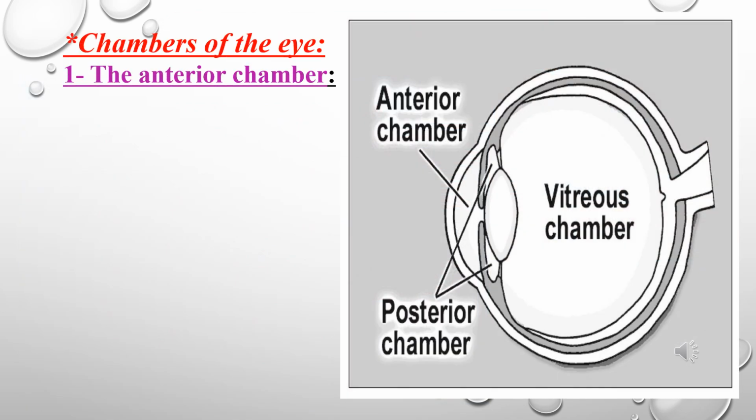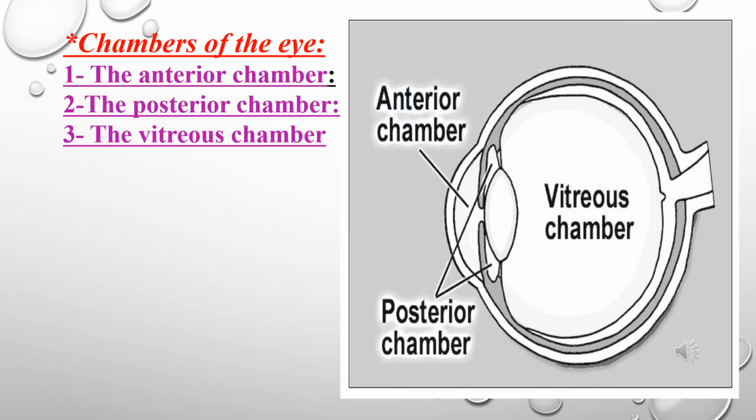What are the chambers of the eye? The eye has three chambers: the anterior, posterior, and vitreous chamber. The anterior chamber, filled with the aqueous humor, lies between the cornea anteriorly and the anterior surface of the iris and lens posteriorly.